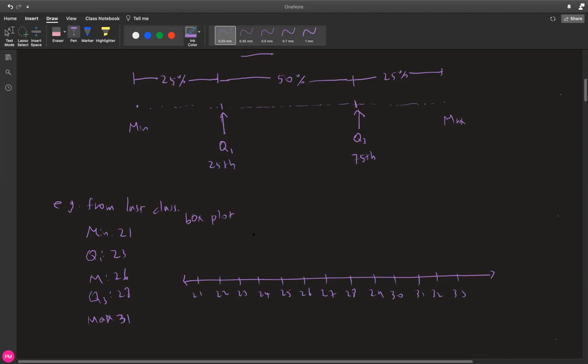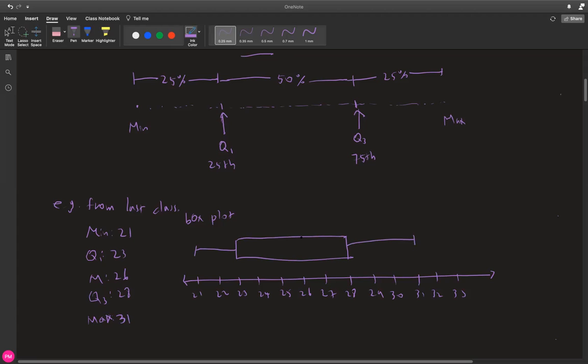We draw the box where the left-hand side edge is the first quartile, and the right-hand side goes up to the third quartile. And we have the whiskers that extend to the minimum and the maximum.